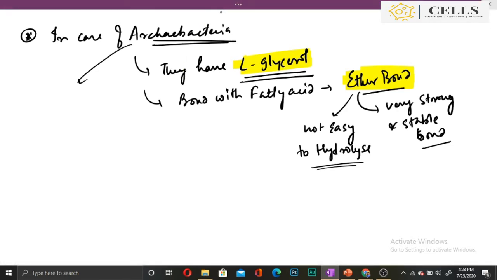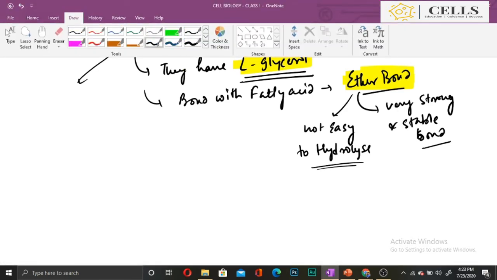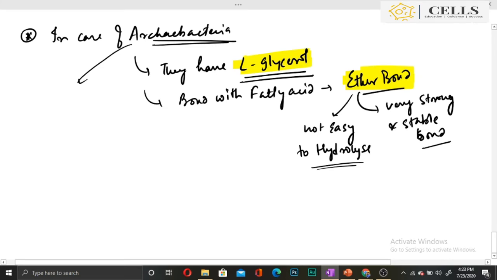Also, certain important things I am going to tell you here, and other parts will be dealt with in the microbiology section. Archaebacteria consist of long chain fatty acids, about C20 to C30 carbon.